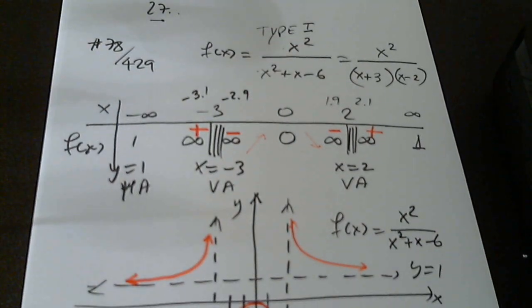With the graphing calculator, we go back and check with y equals, clear everything. Remember to enter a secondary function, the horizontal asymptote y equals 1. So the top is x squared. It doesn't need parentheses, but the denominator does. X squared plus x minus 6.